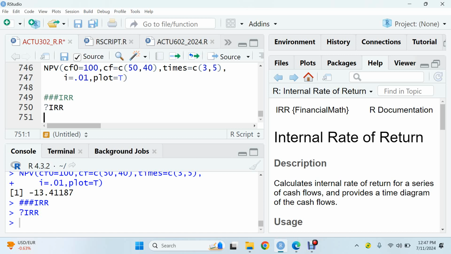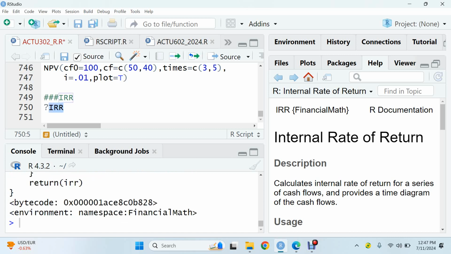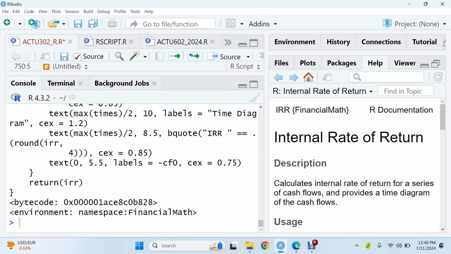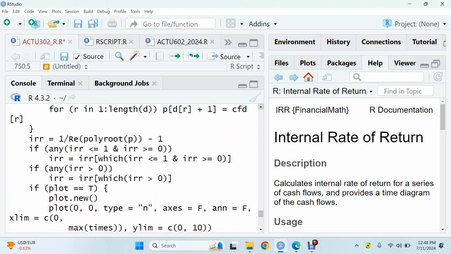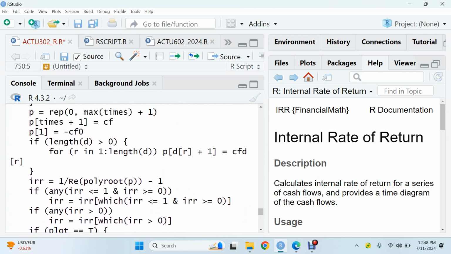Okay. So if you look at the IRR, you will see what functions they use. I think it should be uniroot or unit root. Yeah. So once you know that concept, you can go in and check. Okay. So this is polyroot. Remember, it will be a polynomial, right?